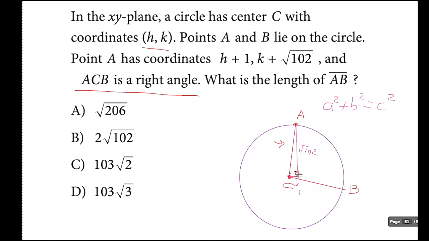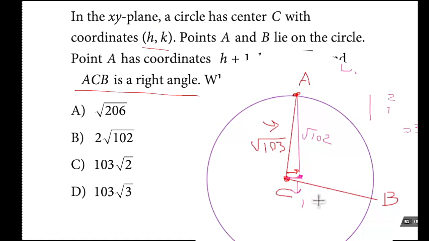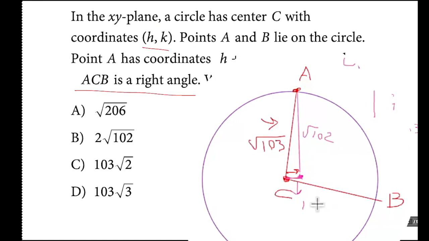We know that the radius is going to be the longest possible value inside of the circle, so it'll be the unknown. A squared will be 1. 1 squared is 1. Square root of 102 squared is 102. So that's going to be 103. So then the square root of 103 is the length of AC. And that means the length of CB is also the square root of 103.